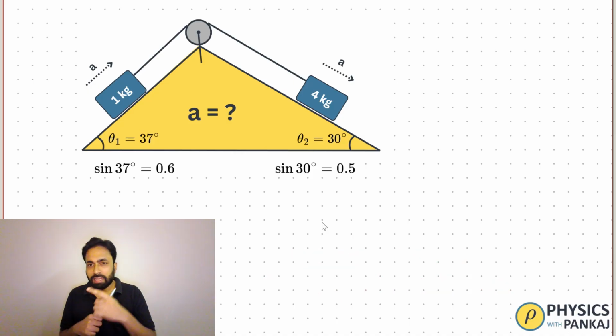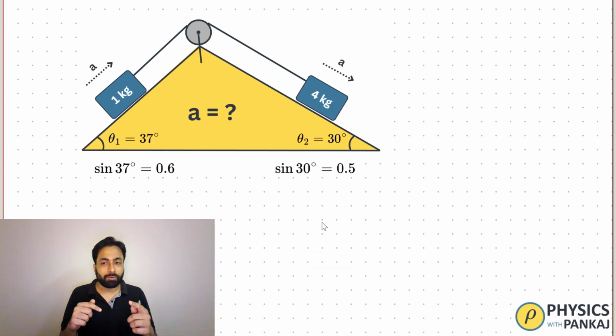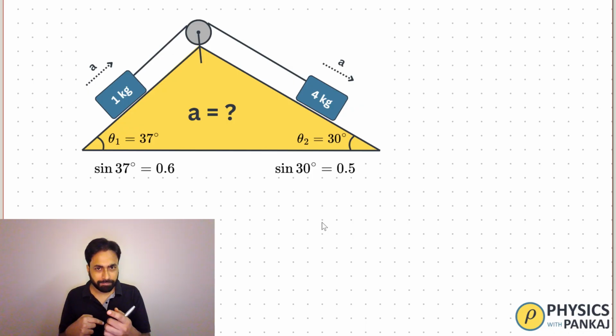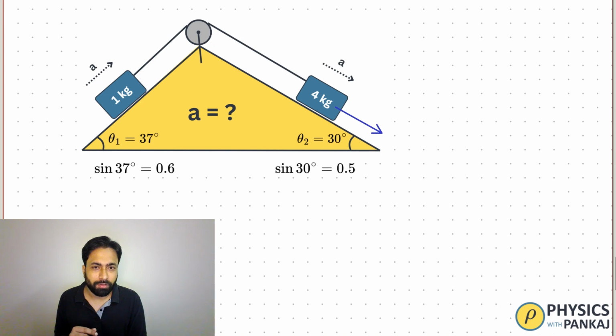So with everything that we have learned, let's think about the forces that act on the 4 kg and the 1 kg block. The only forces that we need to worry about in this problem are the components of the weight of the 4 kg block along the incline and the component of weight of the 1 kg block along the incline. And we have learned how to find their values.